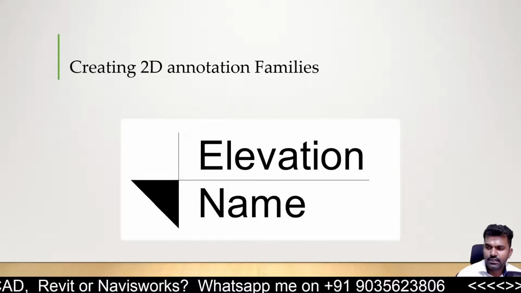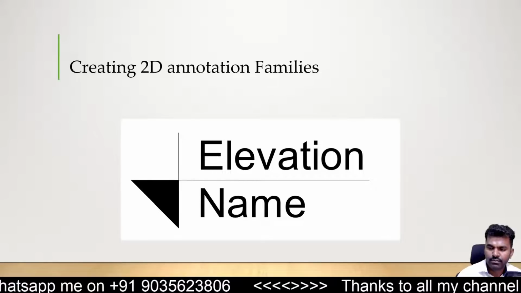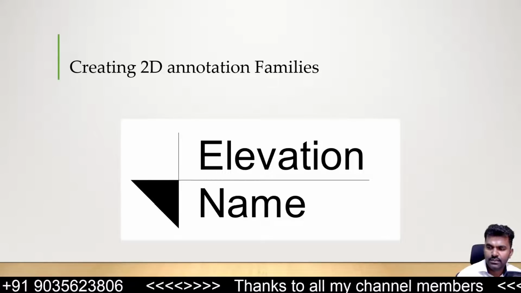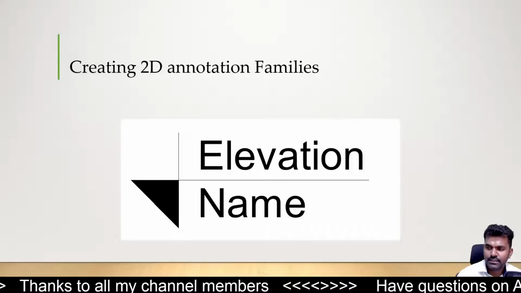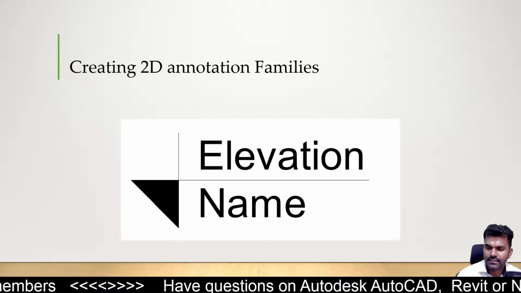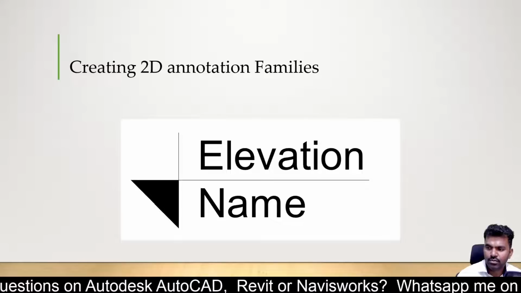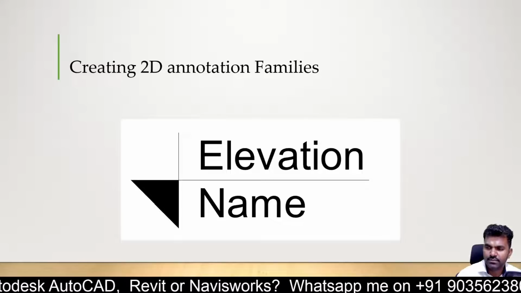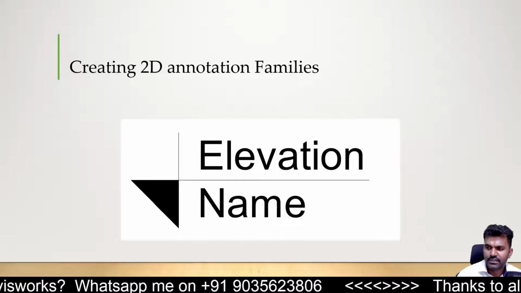If you want to learn the 2D families, just go one by one. Start with the level symbol, then go with the grid symbol, grid head, and level head. Then go for the next one, like a symbol north arrow, and then you can create your title block, and then you go with the other 2D families.